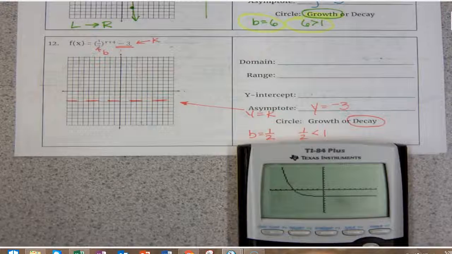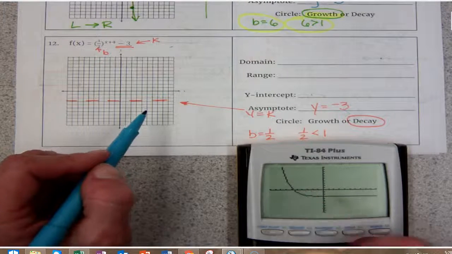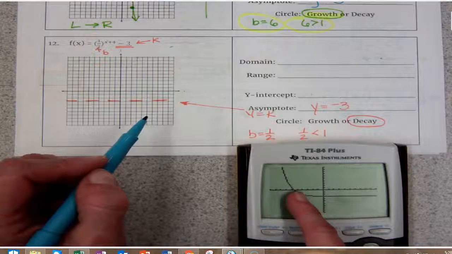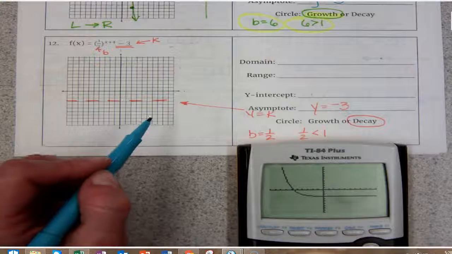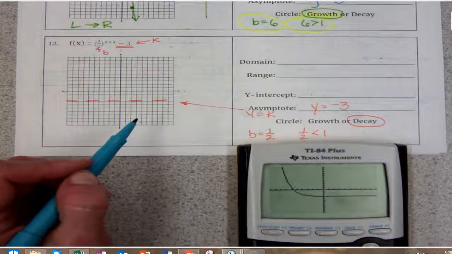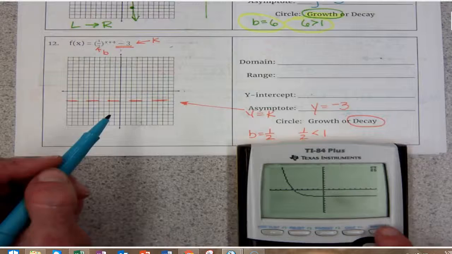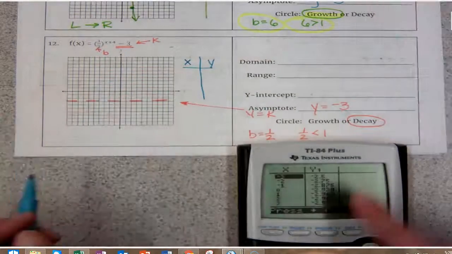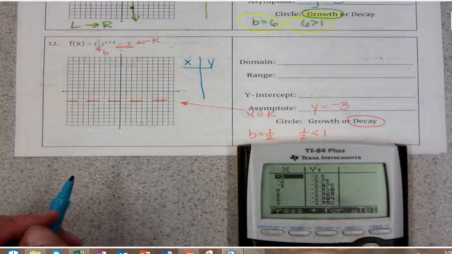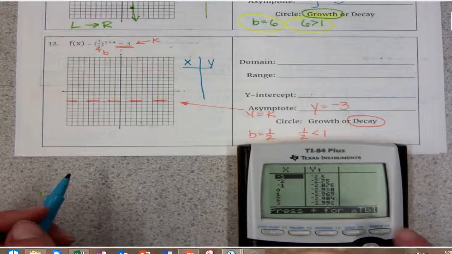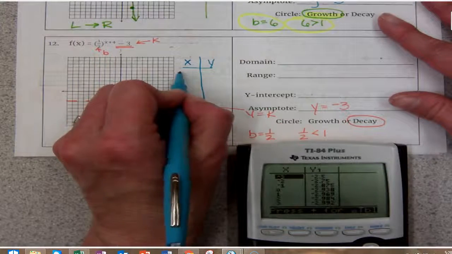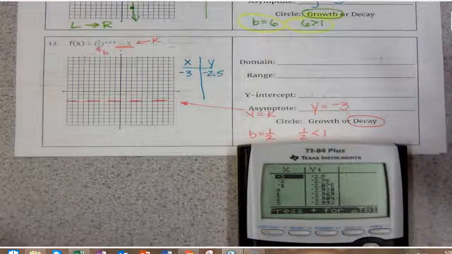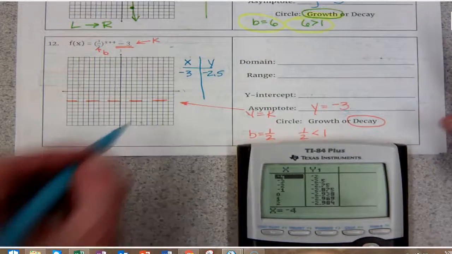So when I'm looking at my table, I'm going to look at the x values, maybe around -3, -4, -5, -6. Those are going to be the ones that are the most interesting. So I'm going to go to my table, x, y, and I can see these are not super helpful. At -3, -2.5, I can kind of wrap my head around that.